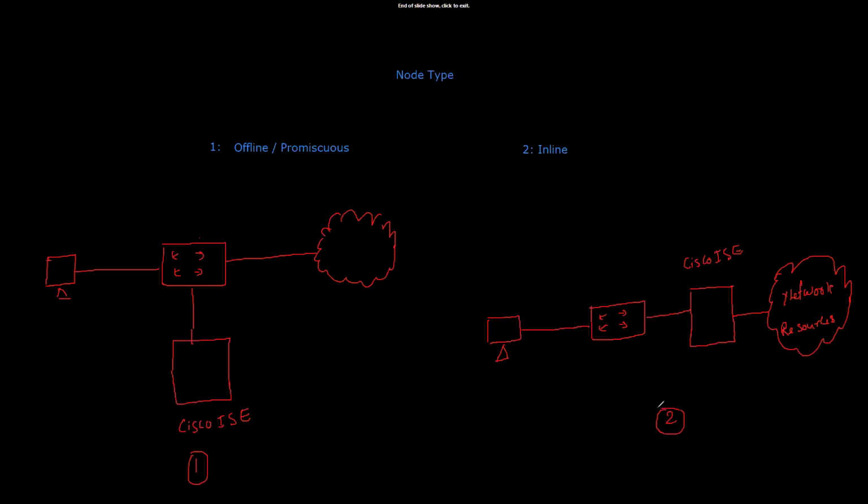Can you guess which one is the promiscuous or offline and which one is inline? The one that's connected directly to the ISE, that's the inline one, and the one that's sending a copy, like a mirror, sending a copy of the packets to the ISE, the second one, that's the promiscuous one.